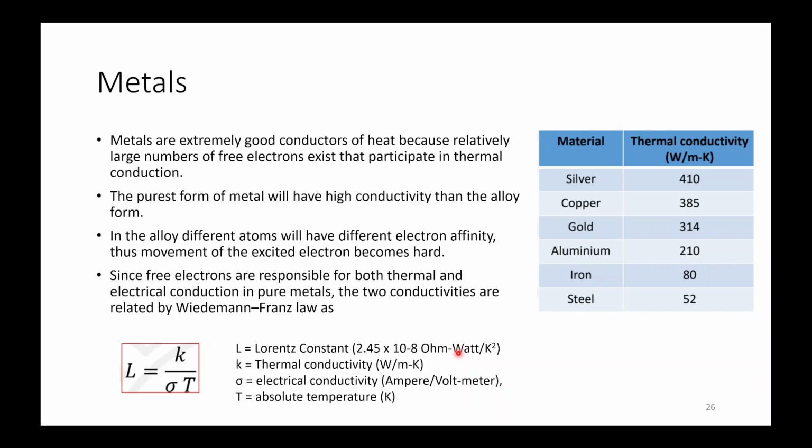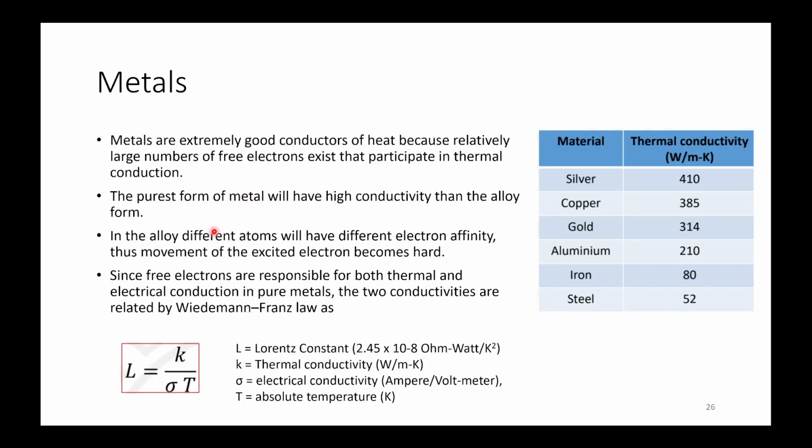Now thermal conductivity for metals. So metals are extremely good conductors of heat because they have a relatively large number of free electrons that participate in thermal conduction. The purest form of metal will have higher thermal conductivity than the alloy form.